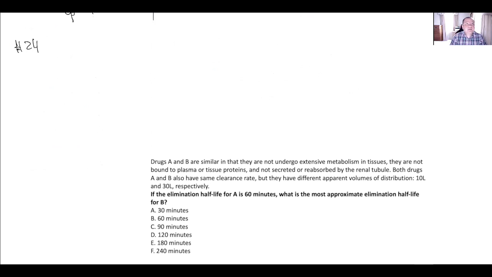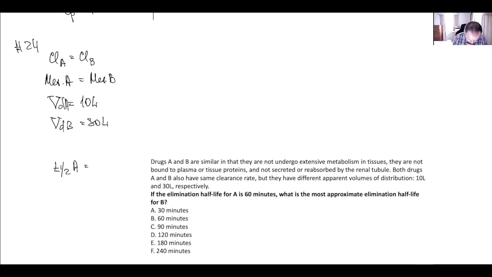Okay, now what about that? Drug A and B. We have clearance for drug A equal to clearance for drug B, and metabolism of drug A equal to metabolism of drug B, and volume of distribution for drug A 10 liters, volume of distribution for drug B 30 liters, half-life for drug A 60 minutes.